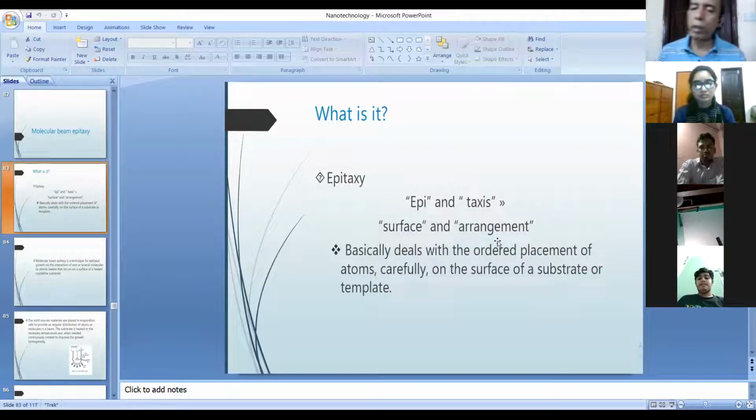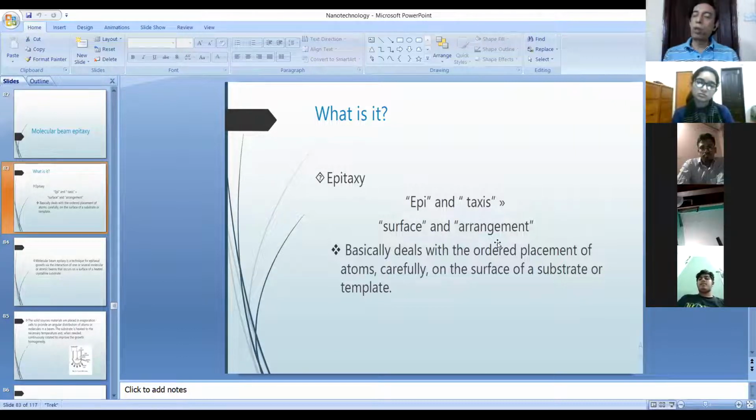I'm telling you again, what is epitaxy? Epitaxy is a process of an ordered crystalline growth of material on a crystalline substrate. So your substrate should be crystalline.